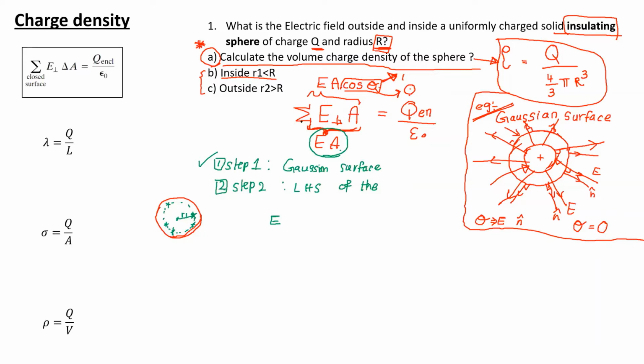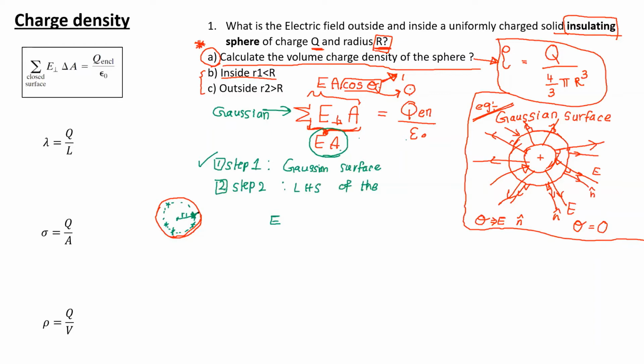Why? Because I said this equation is all about the Gaussian surface or Gaussian sphere. That is why this equation is called Gauss's law. So we draw an imaginary surface. Why? Because we need to find the electric field here.